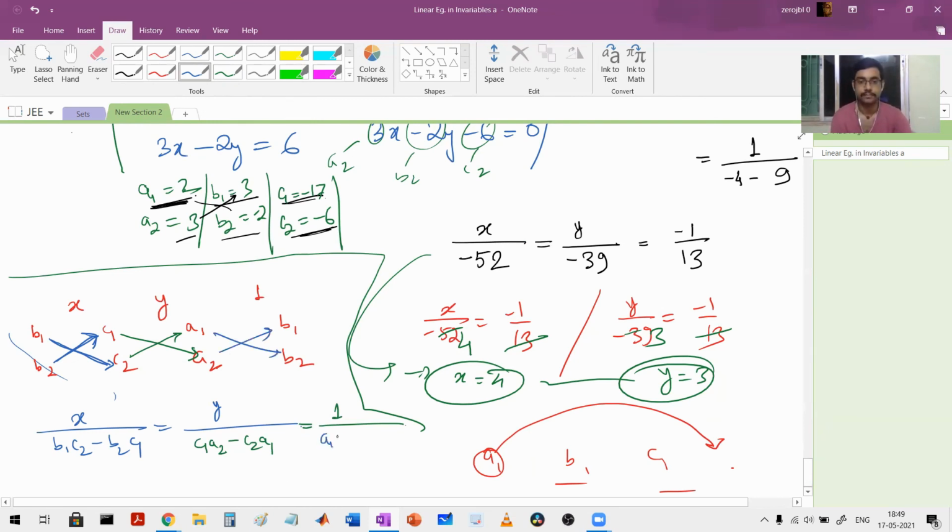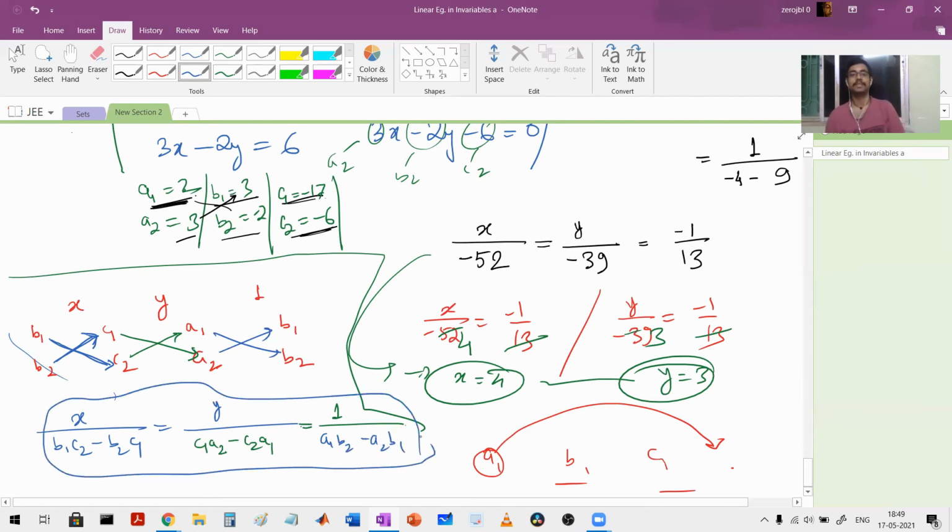A1 b2 minus a2 b1. Done. You are done with memorizing the formula. This is how we use the Jhapamari technique to remember these things because it is very symmetrical. Is this clear to all of you?